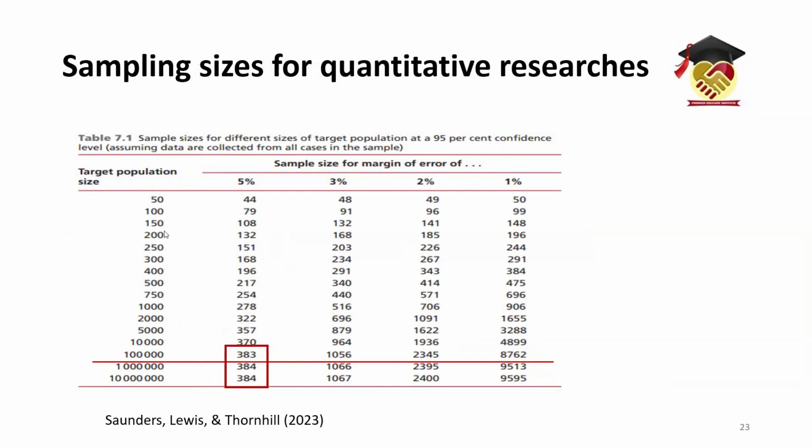Somebody asked about the population and the sample size. This is your confidence level: 95%, 97, 92, 90, 98, 99. When the confidence level is increased, your sample size is increasing.